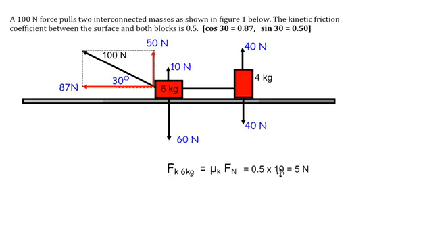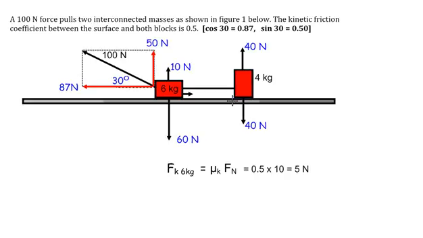So 0.5 times 10 gives us 5 newtons frictional force. Obviously, this will act in the direction to oppose the motion, so it will act towards the right.